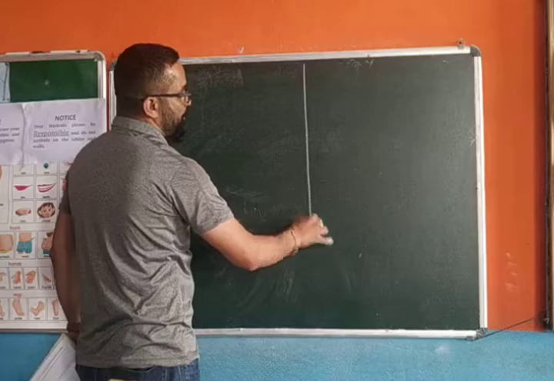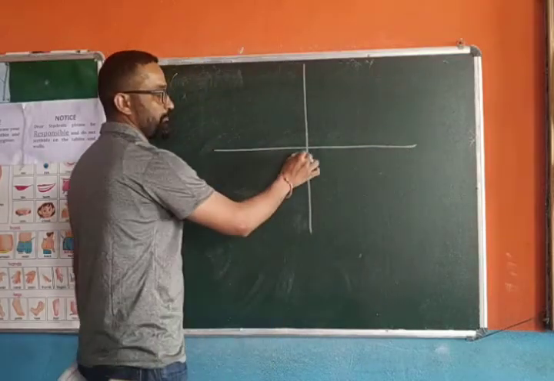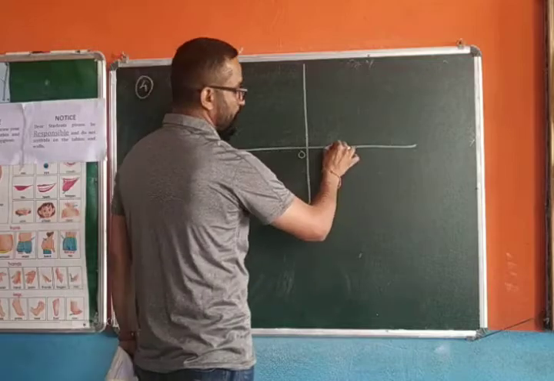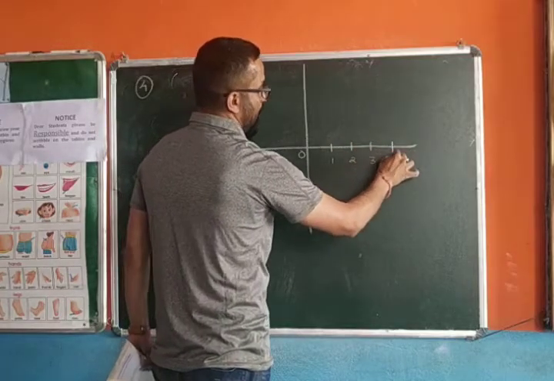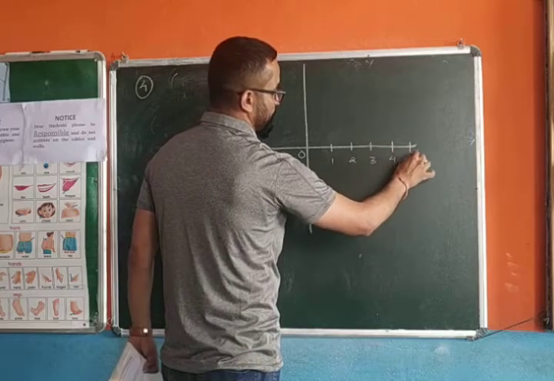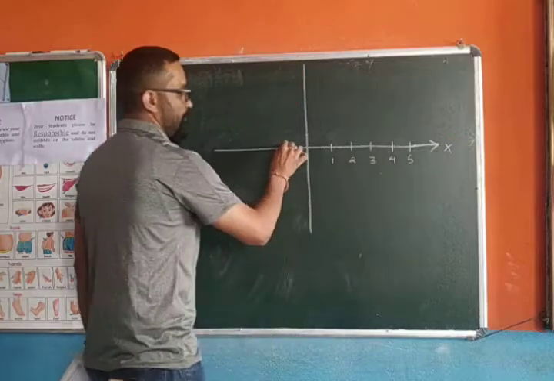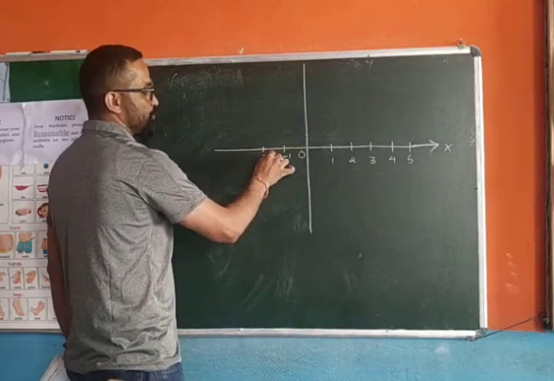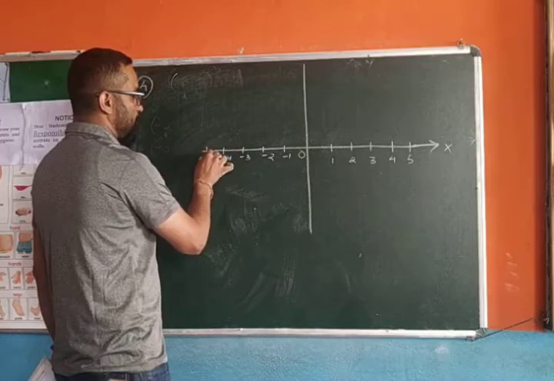A graph paper has to be divided into 4 quadrants. Origin, 1 centimeter, and then mark the graph. x: -1, -2, -3, -4, -5.